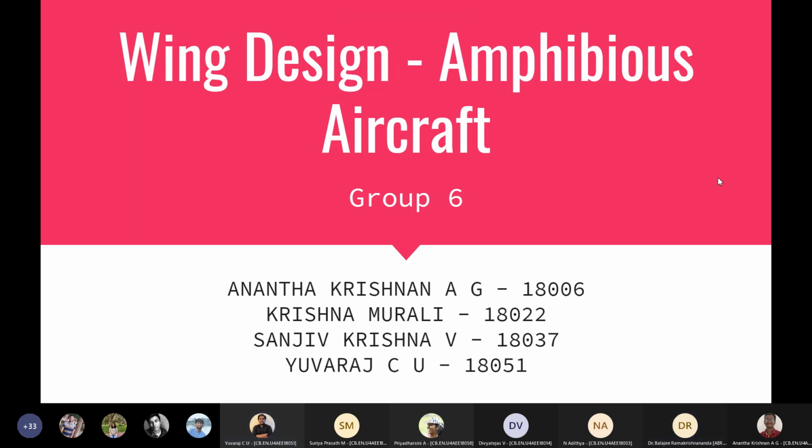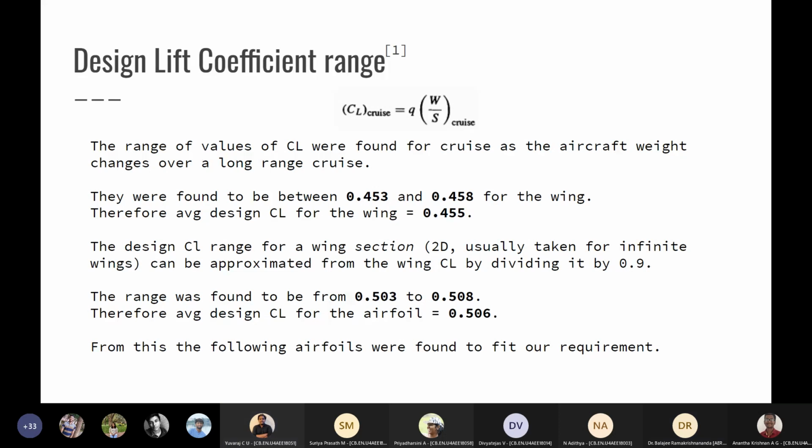The first step towards this is selection of airfoil, and to find that we have to calculate the design lift coefficient range. The design lift coefficient range for the wing was found to be 0.453 and 0.458.